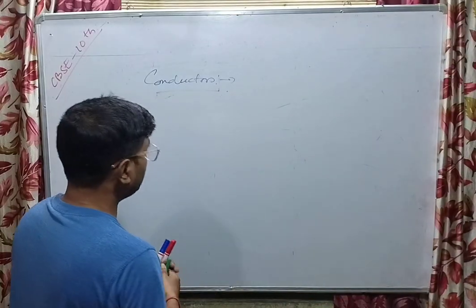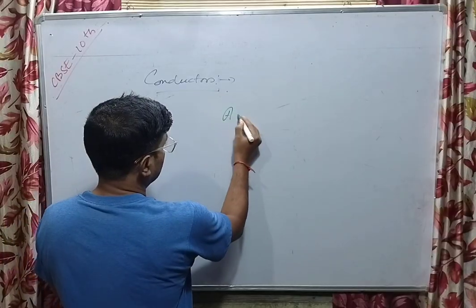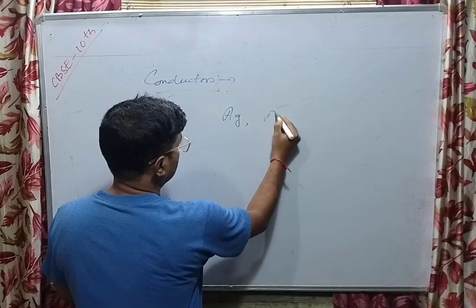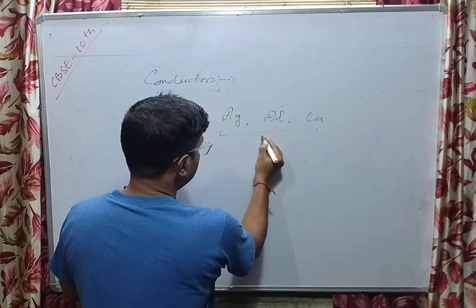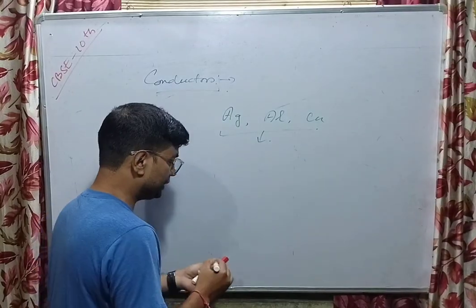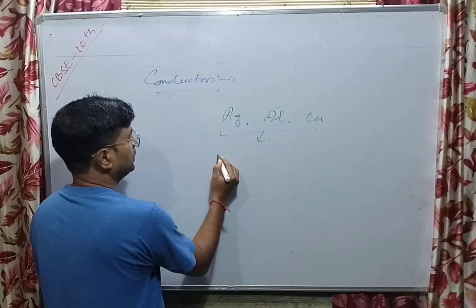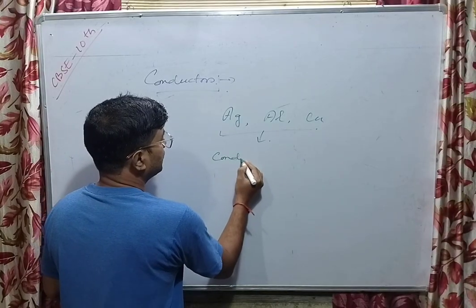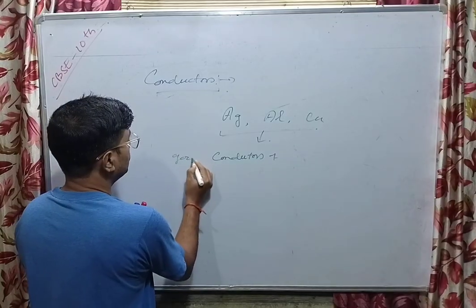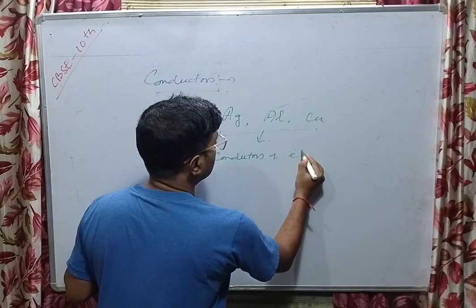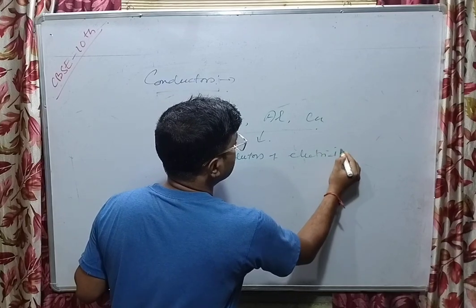Substances like silver, aluminium and copper have free electrons in their outermost shell, and these are the good conductors of electricity.